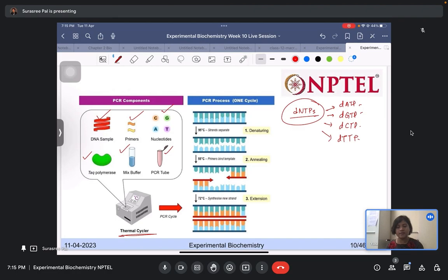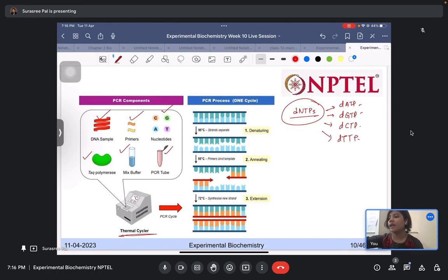So this cycle also is very important. This cycle has to be set so that denaturation, annealing, extension can be done cyclically, and then we allow the thermal cycler to amplify. So we put the reaction in this thermal cycler so that it can maintain the temperature, and then the polymerase will perform its function, right?